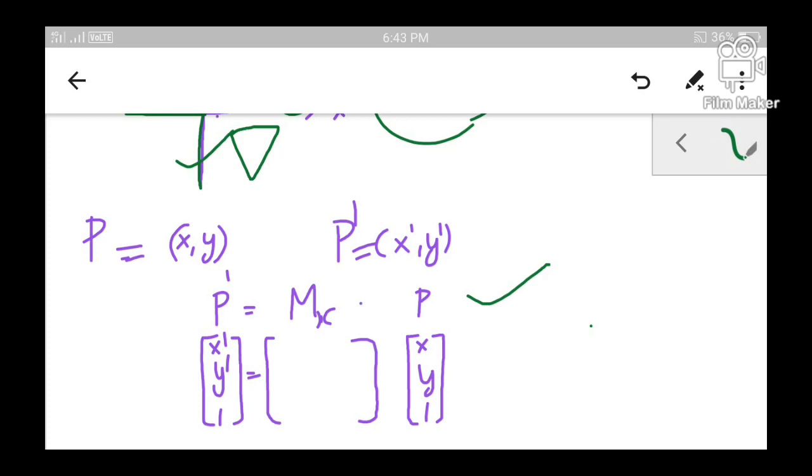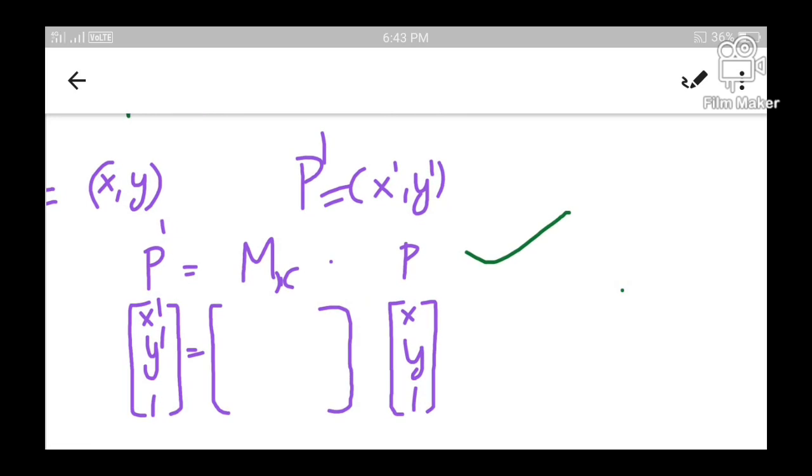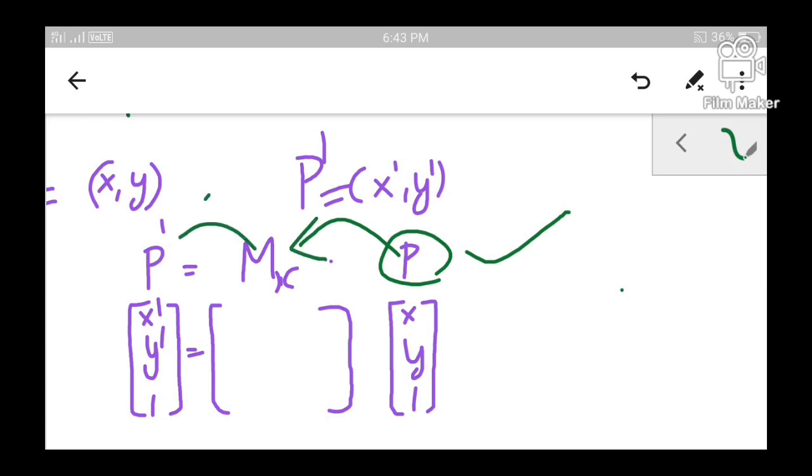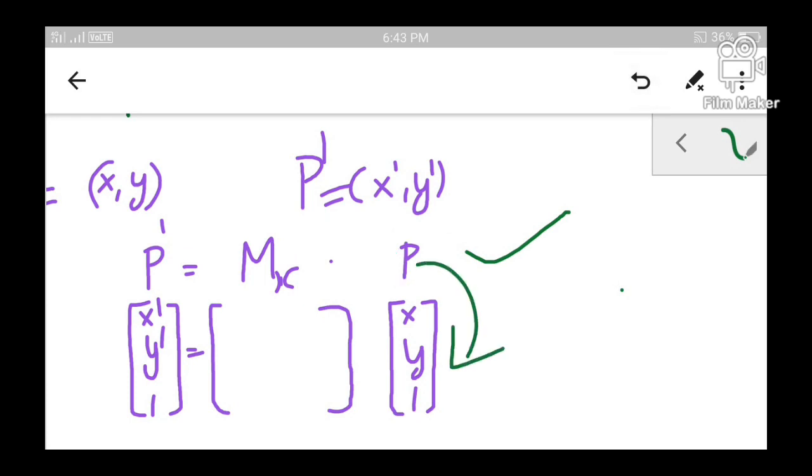Let us write the matrix values. We know that the initial point can be reflected about x-axis to obtain P dash, and P can be written as x, y, 1. P dash can be written as x dash, y dash and 1.